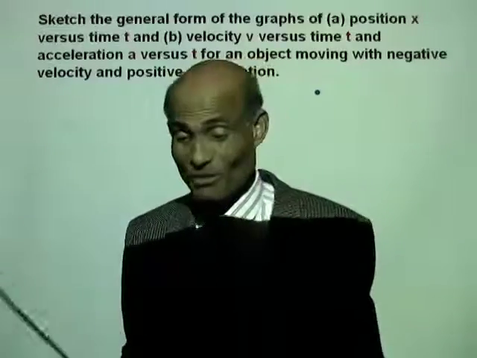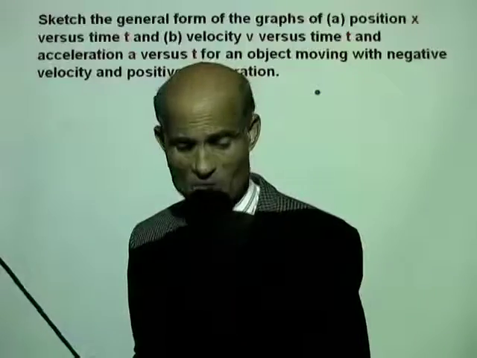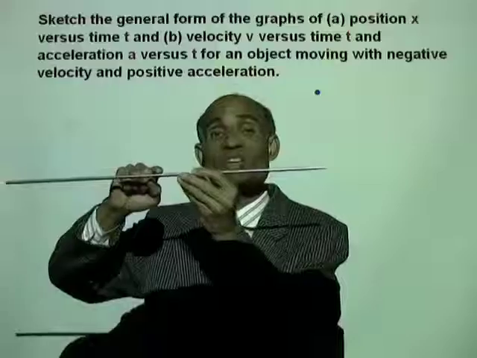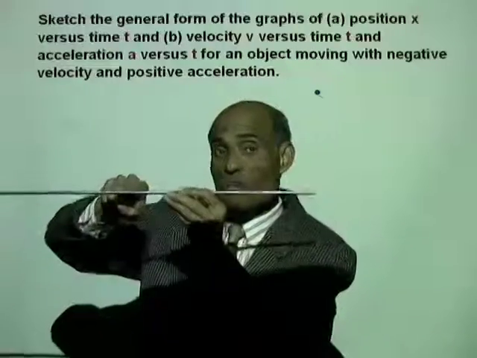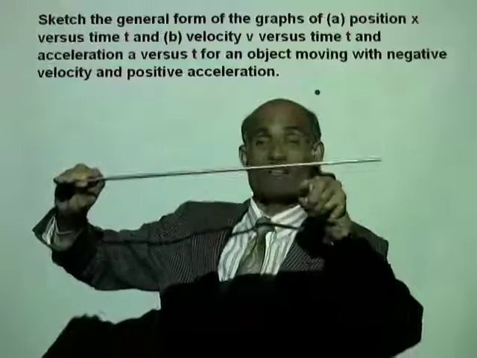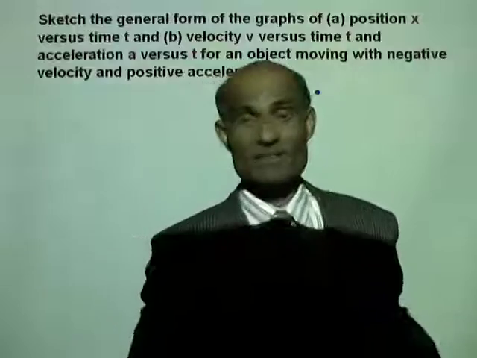Well, negative velocity and positive acceleration. Can you think about this? In other words, the object is moving in the negative x direction, negative velocity, and the acceleration is positive.